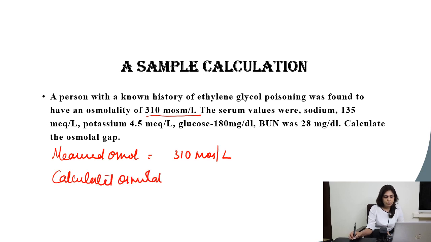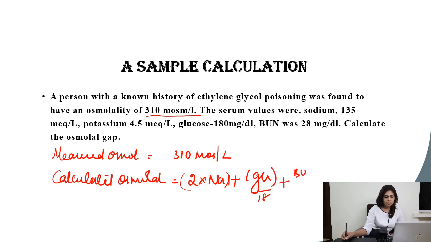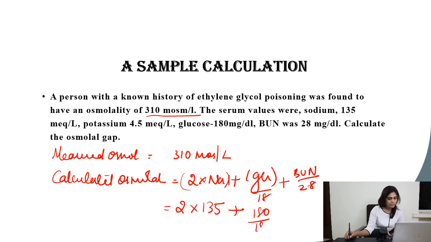To calculate osmolar gap, you need to know the measured osmolality and the calculated osmolality. The formula for calculated osmolality is 2 into sodium plus glucose by 18 plus blood urea nitrogen by 2.8. So 2 into 135 plus 180 by 18 plus 28 by 2.8.